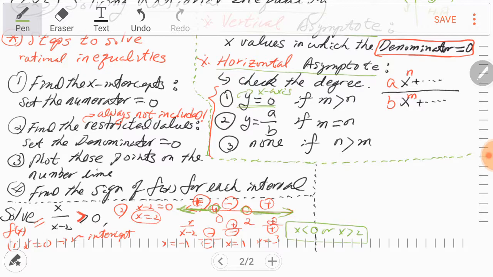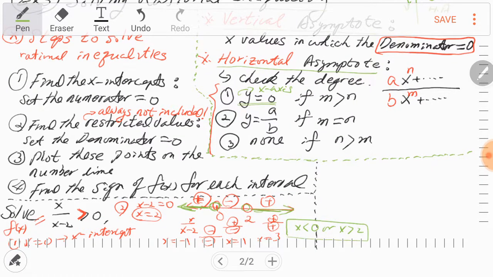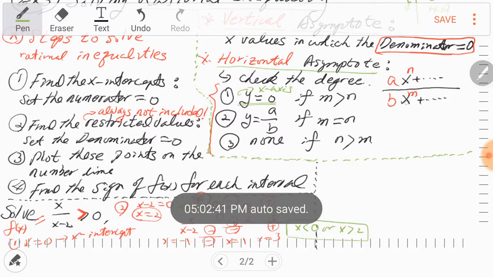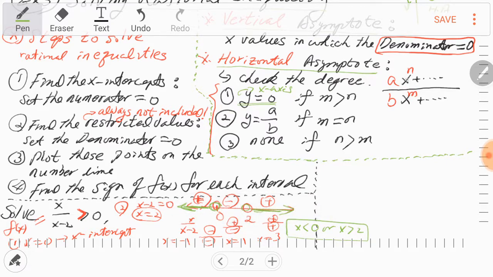Another case of the horizontal asymptote: if the degrees of the numerator and denominator are the same, so m and n are the same, then the horizontal asymptote is y equals a over b, just the leading coefficients a over b. Very simple. The third one is there is no horizontal asymptote if the numerator's degree is greater than the degree of the denominator.